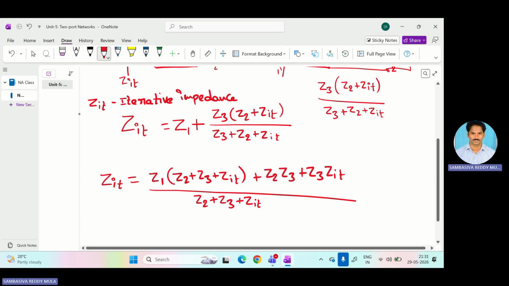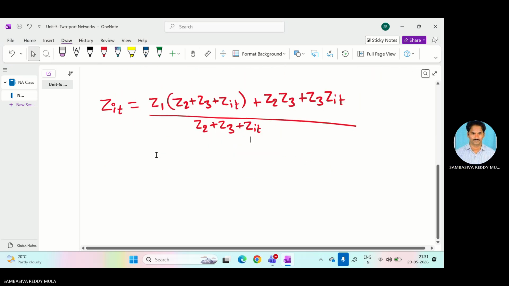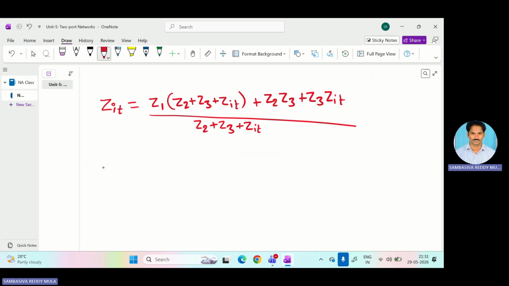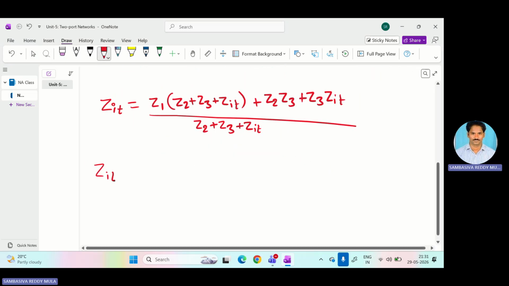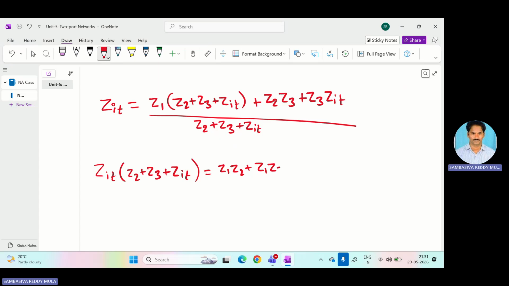So now if you cross multiply and rearrange the equation, we'll get ZIT into Z2 plus Z3 plus ZIT equal to Z1 Z2 plus Z1 Z3 plus Z1 ZIT plus Z2 Z3 plus Z3 ZIT.